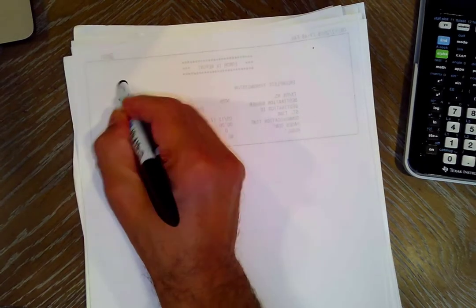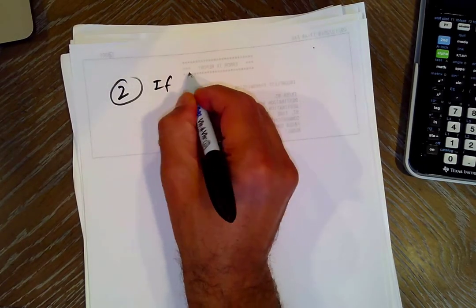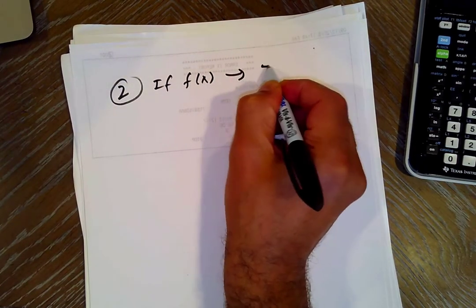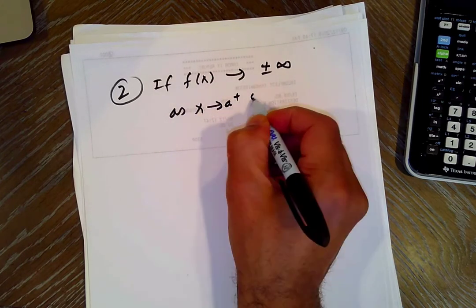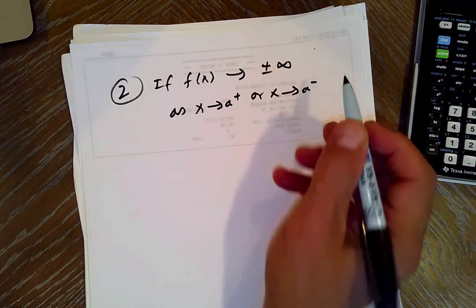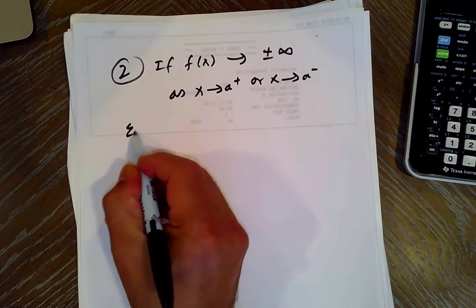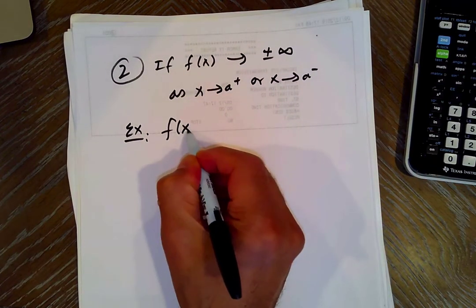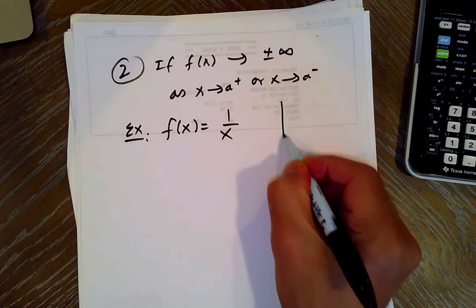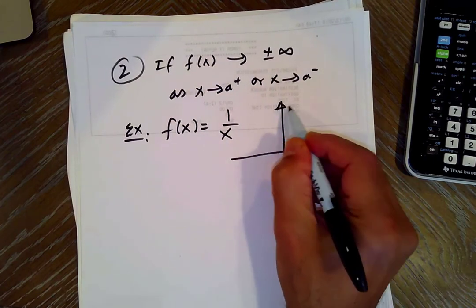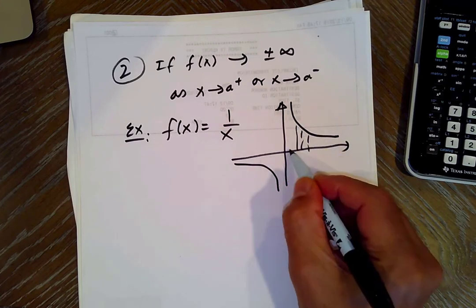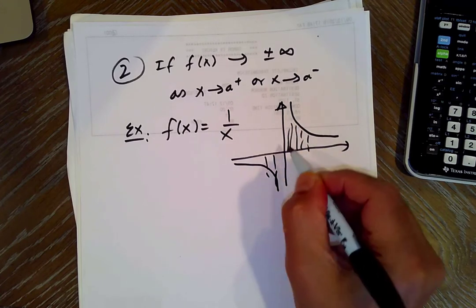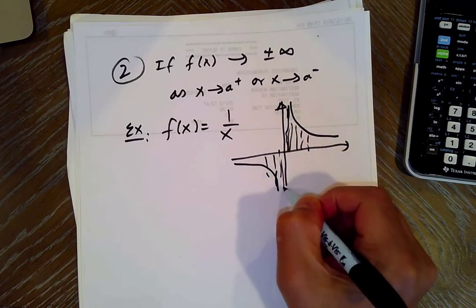Number 2, the limit will not exist if f of x goes to infinity, whether it's plus or minus infinity, as x goes to a plus or a minus, whether you're approaching a from the right or from the left. Take f of x equals 1 over x. If you graph 1 over x, as x approaches 0 from the right or from the left, y goes to infinity or to negative infinity.